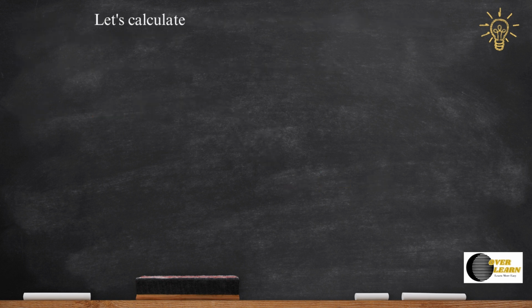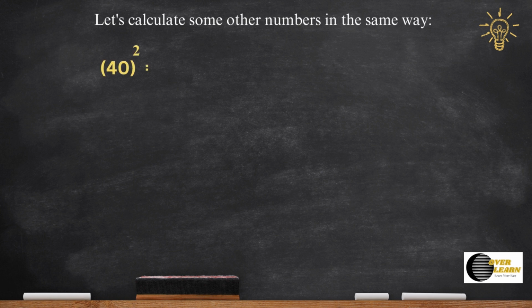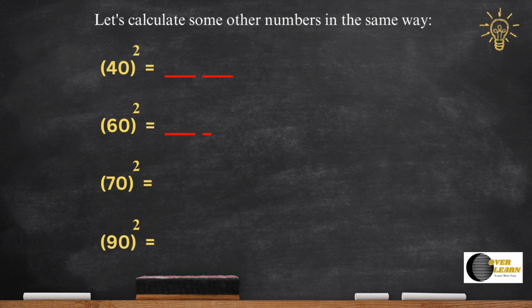Let's calculate some other numbers in the same way. 40 power 2, 60 power 2, 70 power 2, and 90 power 2. Now, as you remember, for the first step, we draw two lines.